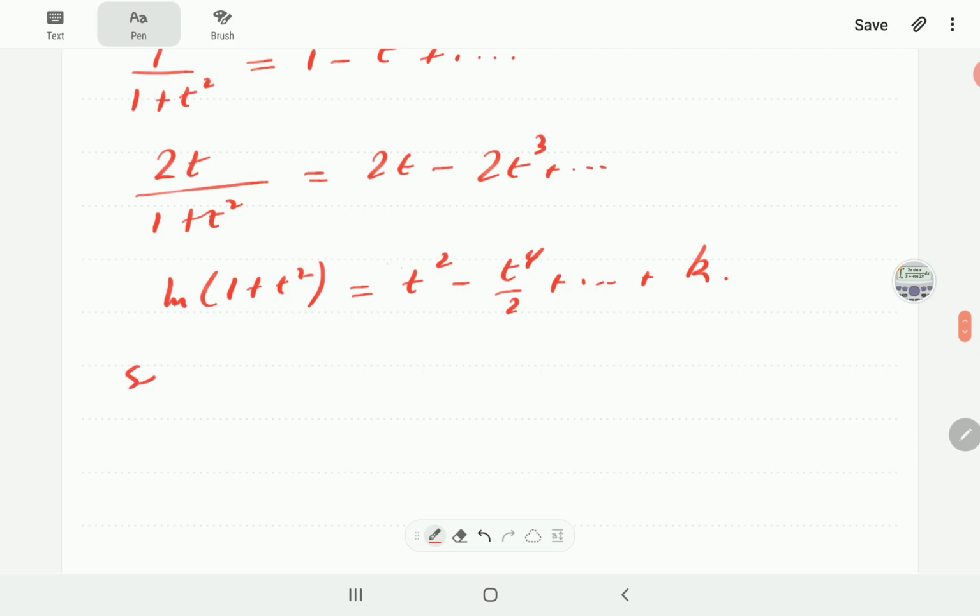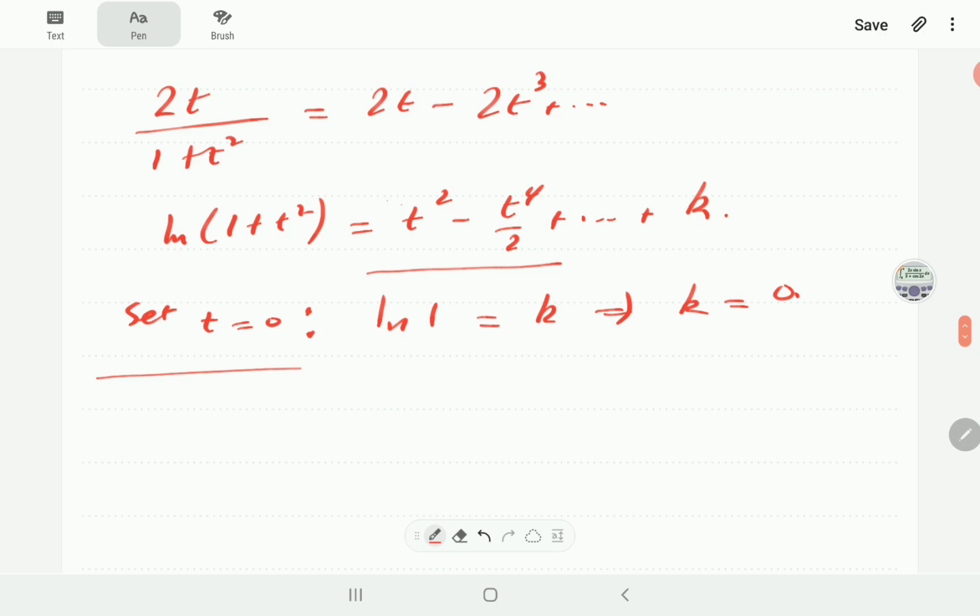If we set t equal to 0, then the left hand side is going to be ln 1, and the right hand side is going to be k. So that tells us that k is going to be equal to 0. Therefore these will be the first two terms of the Maclaurin series of ln of 1 plus t squared.